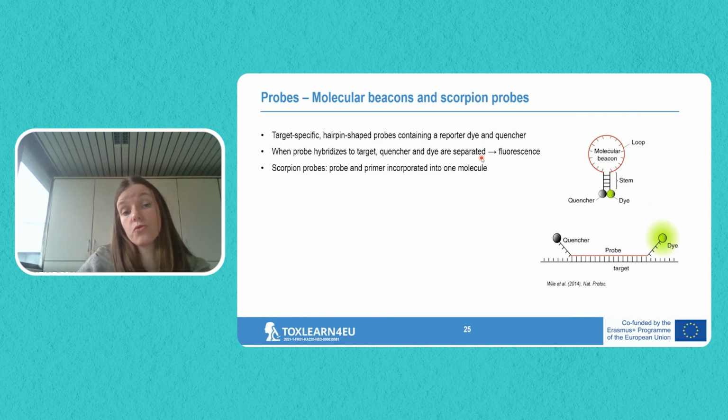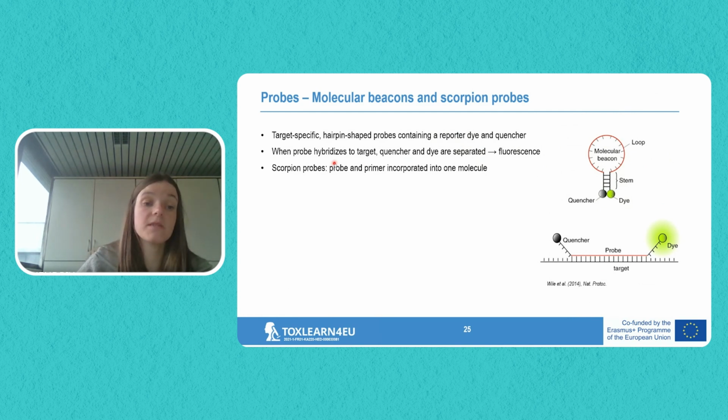And similar to the TaqMan probes, you have here a reporter dye on one end and a quencher dye at the other end. And as long as they're close together, the quencher quenches the fluorescence of the dye, and there is no fluorescence.